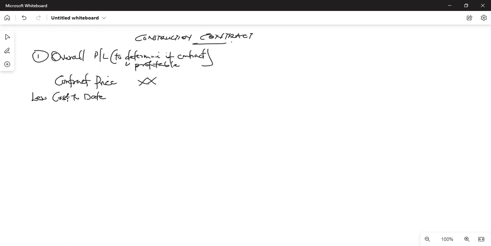Those of you who did cost accounting, all these things were done in senior high school. So you will add cost to date, the cost that you have incurred so far, then the estimated cost to complete. All right. So you will have your overall P&L. That is what you have.